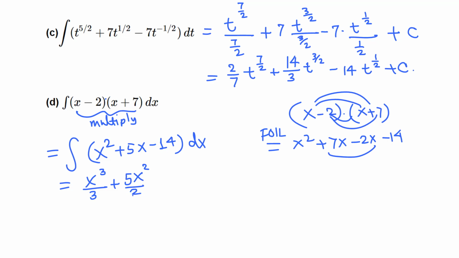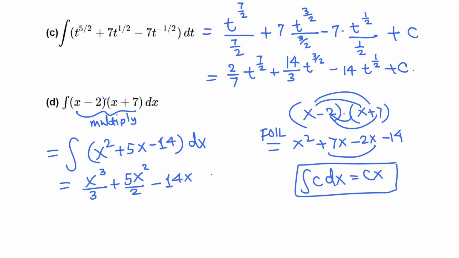We can write 5 halves x squared or 5x squared over 2, same thing, minus the antiderivative of 14. There is no x, so when we have a constant, that's constant times x. When you have some number and dx, that is just constant times x, because the derivative of cx is just c, where c is a constant, some number. And plus c, final.